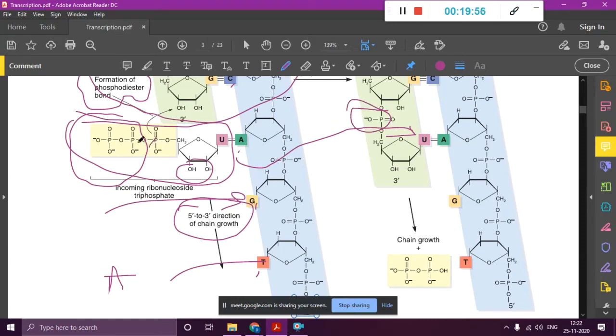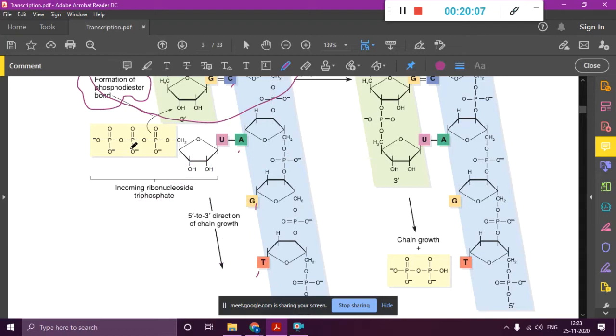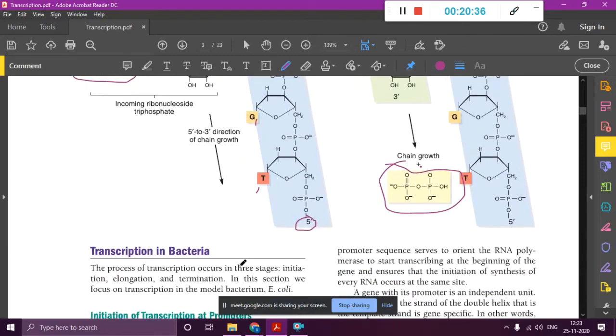This is the alpha phosphate, beta phosphate, gamma phosphate. So these two phosphates got removed, and you have only one phosphate remaining. So chain growth plus removal of these two phosphates, like in DNA polymerase action, this gives energy to the reaction.